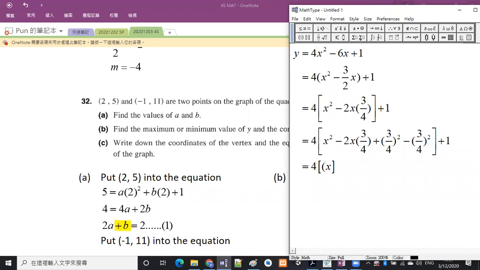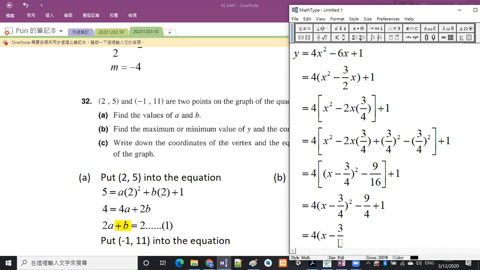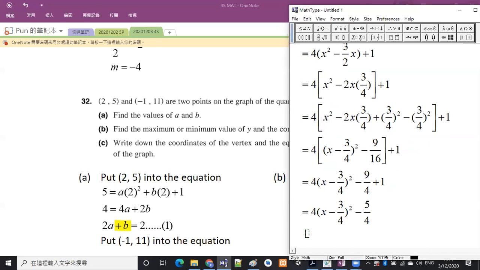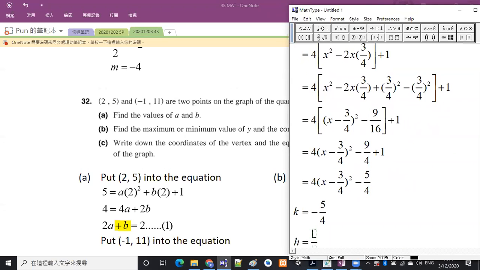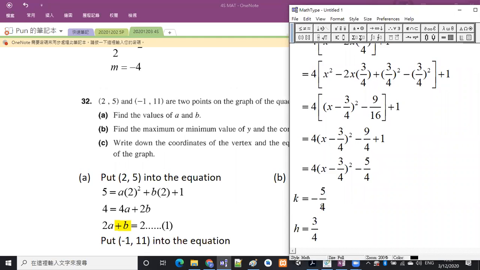The first three terms will form a perfect square: x minus 3 over 4 squared, minus 9 over 16, plus 1. Multiply the 4 back into the square bracket and calculate the constant terms, and that will be the AHK form. So the k value will be negative 5 over 4, and the h value will be 3 over 4.